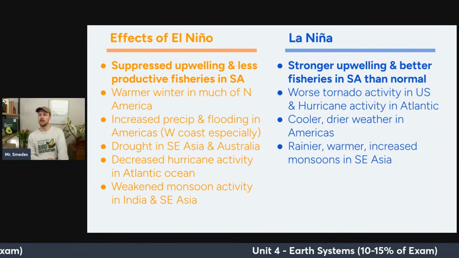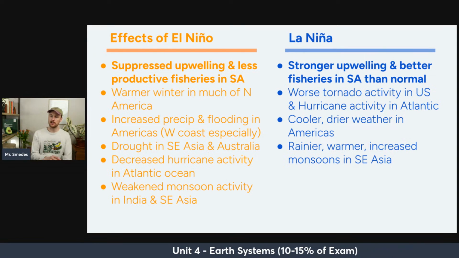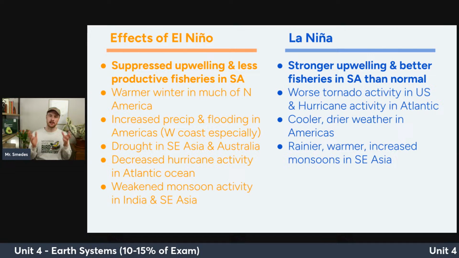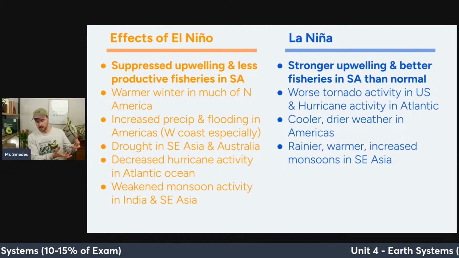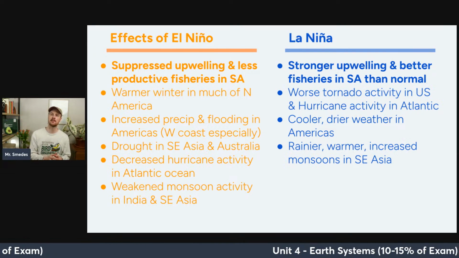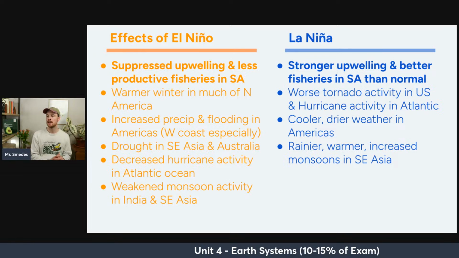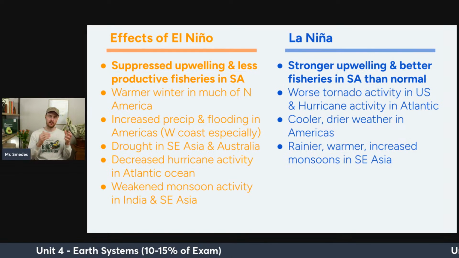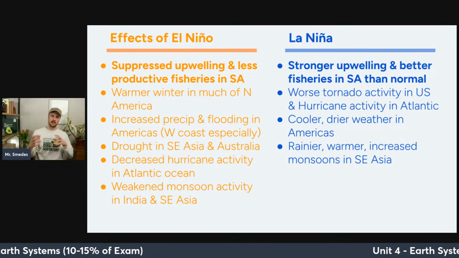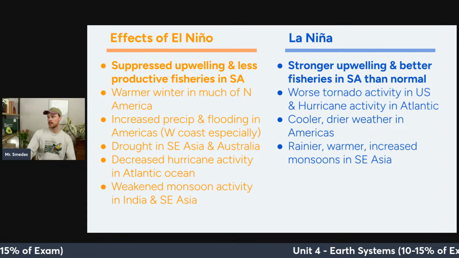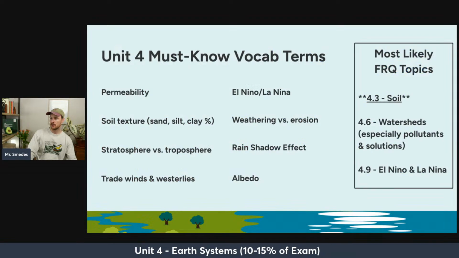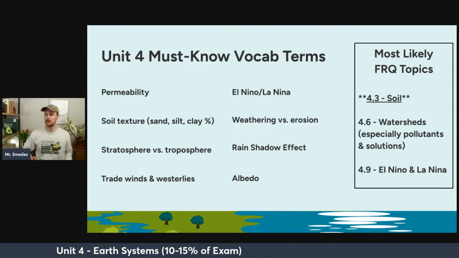When we're talking about a La Nina year, we're actually talking about better fishing conditions because of how much cold, nutrient-rich water is coming up to the surface and supporting all these fisheries. That's, again, really where we typically see questions make the El Nino, La Nina connection to human outcomes, right? Fishing outcomes. Okay. Let's go on here to our must-know vocab terms.